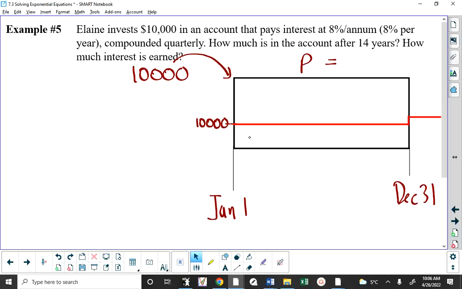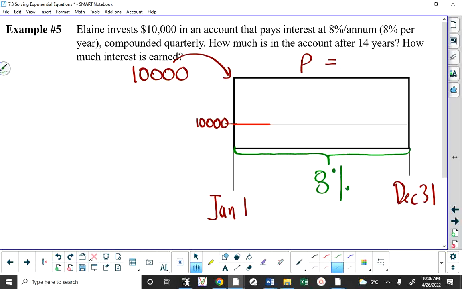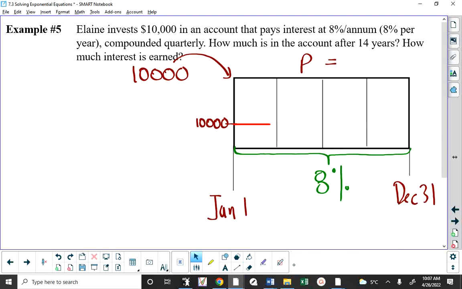What does that mean? That means, first of all, I'm going to get rid of this thing. Well, I'm going to shorten it, and you'll see why in a bit. What this means is that for the entire year, she will get, in terms of a total of percentages, 8%, but it's compounded quarterly, which means it's split up into 4 pieces. Okay?